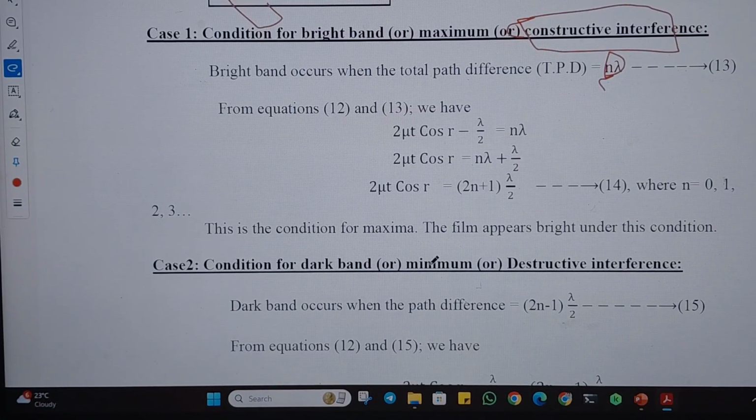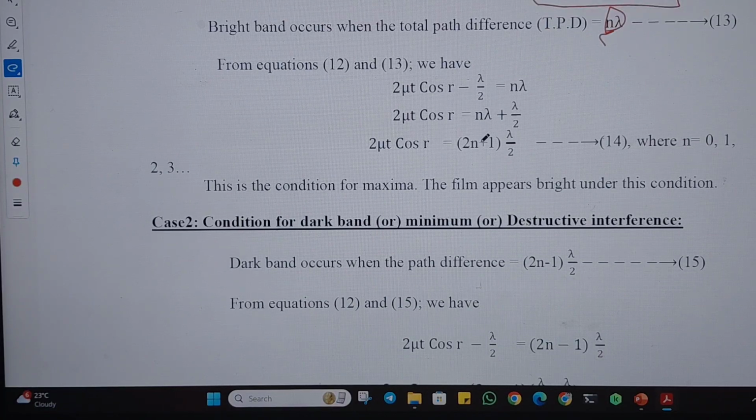Next, the condition for destructive interference, that is minima. Here it is small n, where n will be 0, 1, 2, 3 and so on. So this is for the film under the bright condition, that is bright fringes. Next, the condition for dark band, minimum, destructive interference.